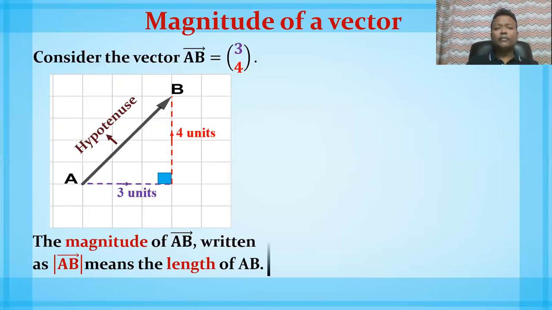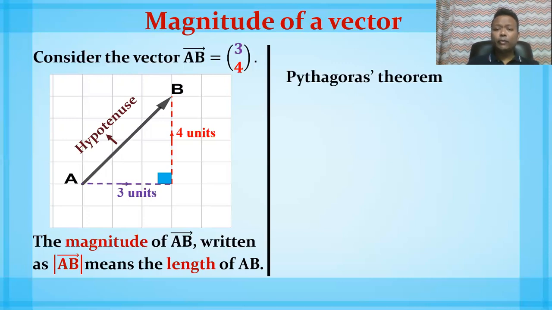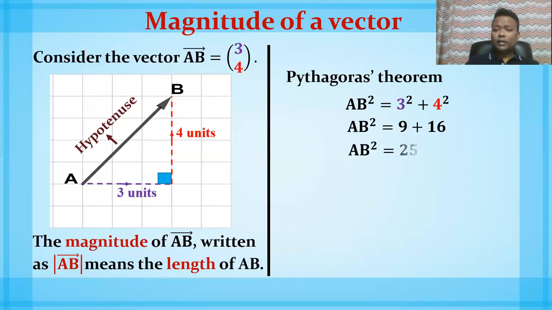Now, since we have a right angled triangle, we can use the Pythagoras theorem, which states the hypotenuse squared, that is AB squared, is equal to 3 squared plus 4 squared. So we have AB squared is equal to 9 plus 16, which means AB squared is equal to 25. Now to obtain AB, we can use the square root property.